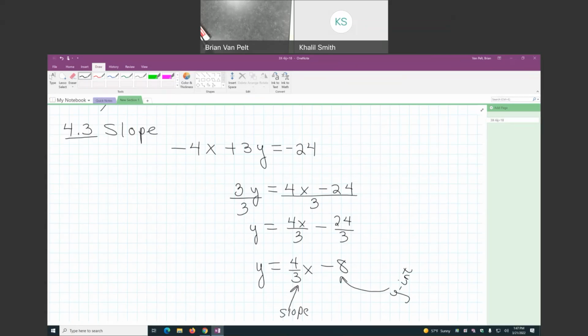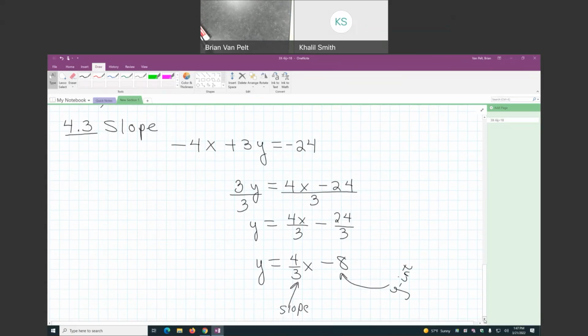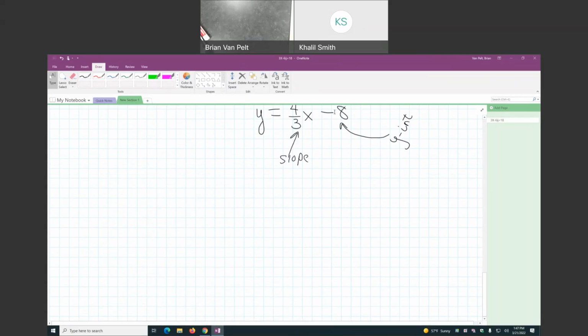Now, when I go to graph this, I'm going to use that as my example graph. I'm not sure how I want to say it, but that's the version that I'm going to use when I make my graph. So let me come over here. This is the way I'm going to graph from now on.